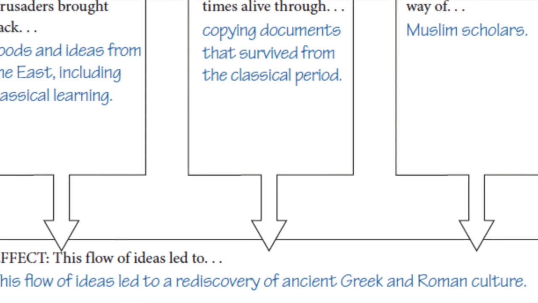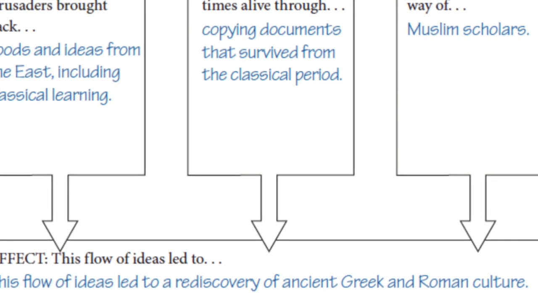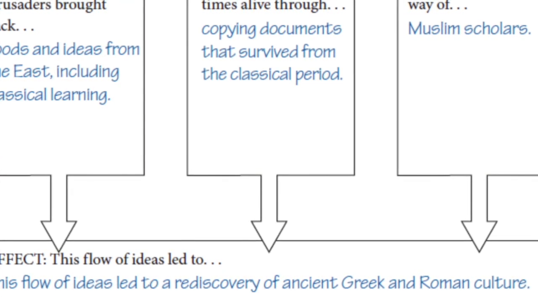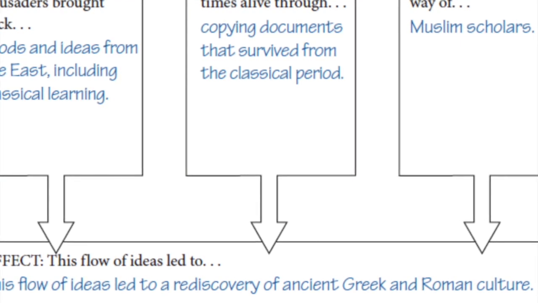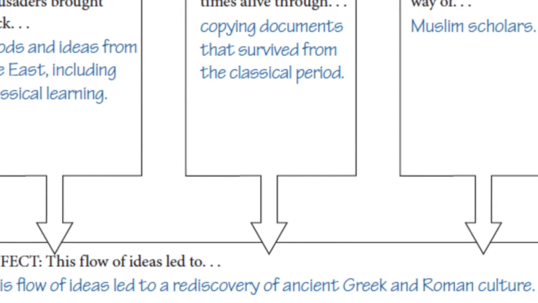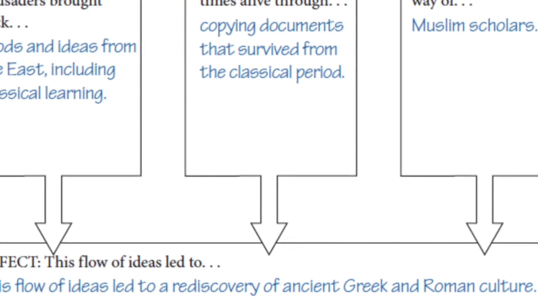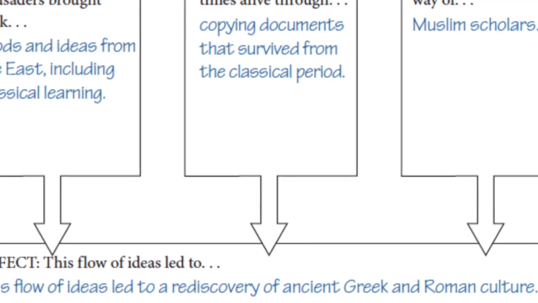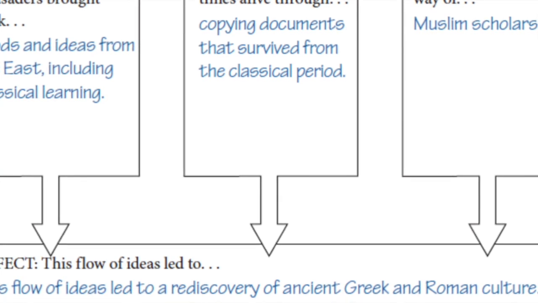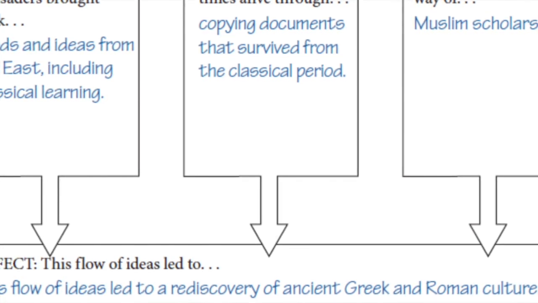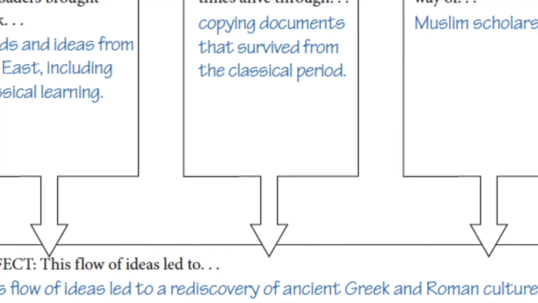The third cause, Europeans also read classical works that came by way of Muslim scholars. So all of this led to rediscovery of the Greek and Roman cultures. And you see that through art, but you also see it through the thinking, the inventions, the writing of the Renaissance.